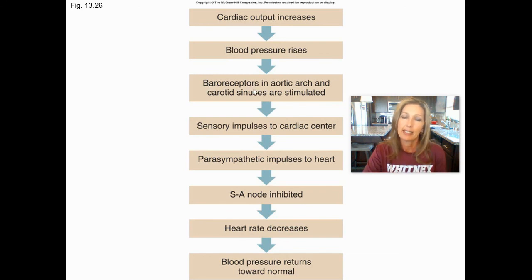When I'm lying down and my heart is on the same plane as the rest of my body, I can relax my blood vessels and still have adequate blood pressure to make sure my whole systemic system gets adequate supplies of blood.